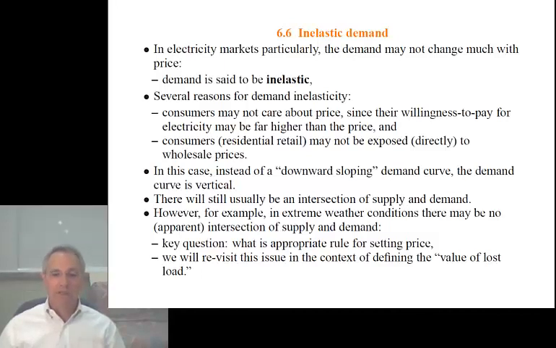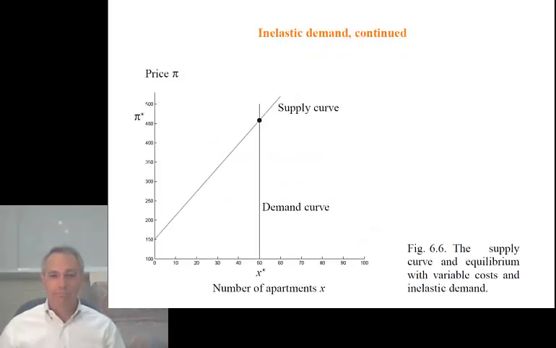We really need to revisit this issue in the context of electricity markets, specifically in the context of defining the value of lost load. So here's a case where the demand curve is vertical. Instead of gently sloping down as in my previous examples, it's vertical. There's still, in this case, an intersection of supply and demand, but that may not always be the case.